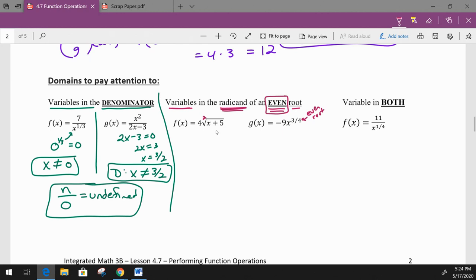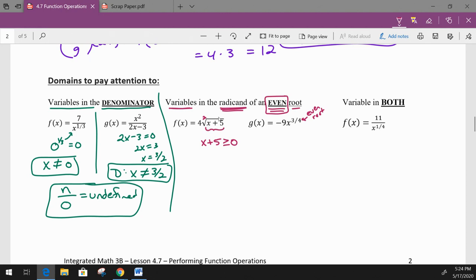So in both of these situations, we will have restrictions for our domain. In this first one, whatever is under the radical, in the radicand, must be greater than or equal to 0. Because we have an even root, whatever is underneath this radical cannot be negative, but it can be 0.